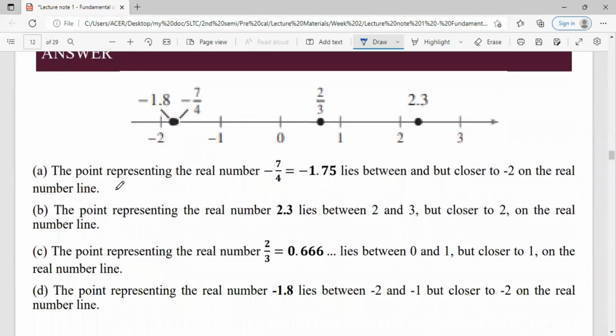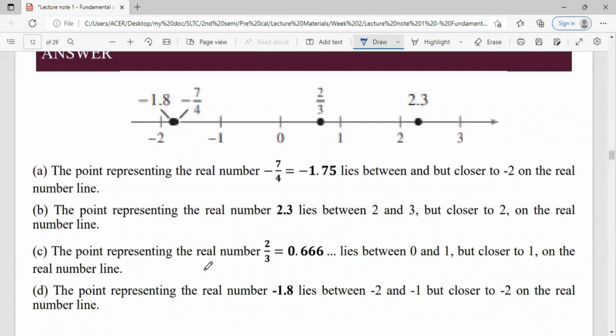So you can see the point representing the real number minus 7 over 4, equal to minus 1.75, lies between minus 1 and minus 2 but closer to minus 2 on the real number line. The point representing the real number 2.3 lies between 2 and 3 but closer to 2.